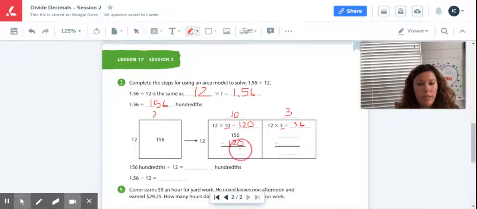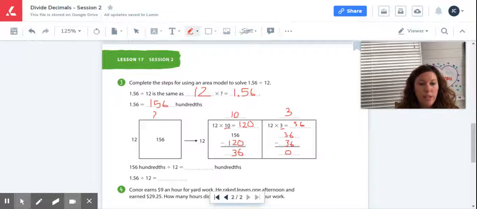And then we're going to get 36, and that's it, because 1 minus 1 is 0. And then over here, I'm going to take 36 minus 36, which is 0.